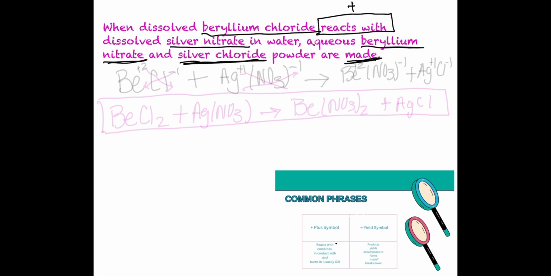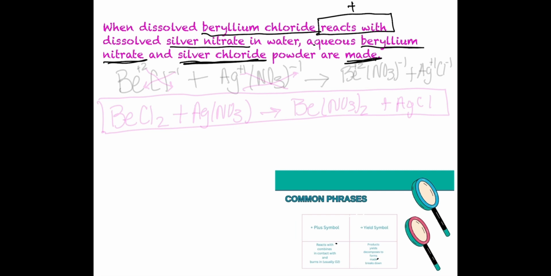The fact that I see made, I'm going to go down to my common phrase that lets me know that a yield symbol needs to be there. Now notice the yield symbol, when I know that I have to write a yield symbol, it does not have to follow the structure of the actual chemical word equation. I just know that if these elements were made, that means that a yield symbol needs to separate these compounds from the reactant. Okay, so that's kind of how that works.